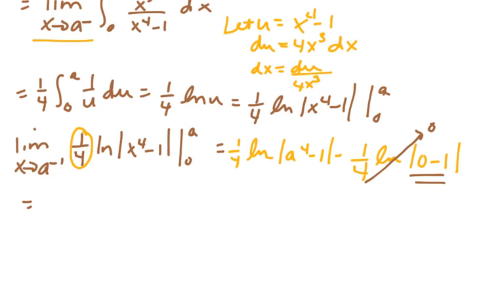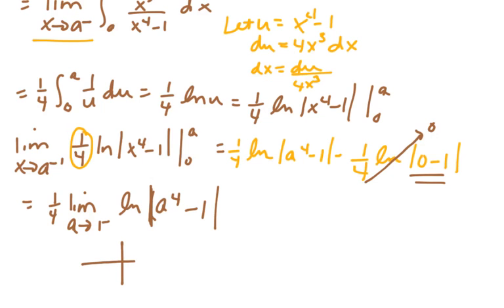So this boils down to 1/4 the limit as a approaches 1 from the left of ln of a to the 4th minus 1. What's going to happen here? I would ask you to think about the log graph, and think about what happens as we approach 1 from the left-hand side.